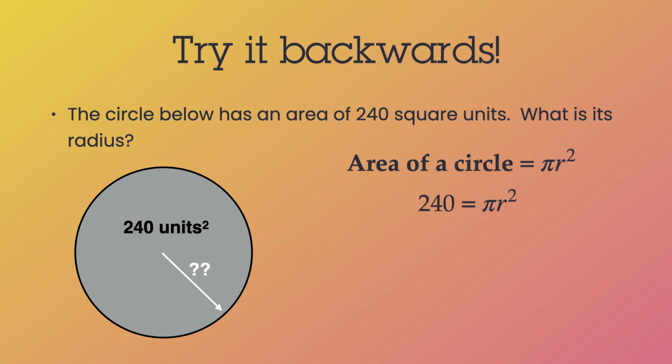We'll plug in the 240 that we know represents the area, and then it might seem a little backwards if you're not used to working with pi very much, but pi represents a number. So just like if we had it equal to 3 times r squared, we would divide by 3 on both sides. If it's pi times r squared, we're going to divide by pi on both sides. So you just get your calculator out, you say 240 divide by pi, and you'll get an answer that says 76.394, and then the decimal continues.